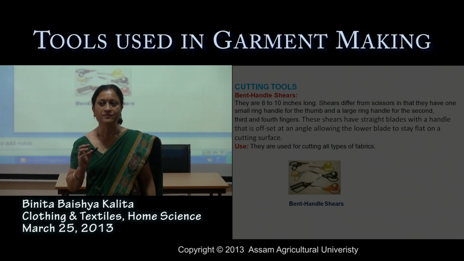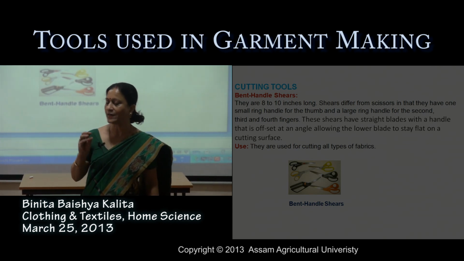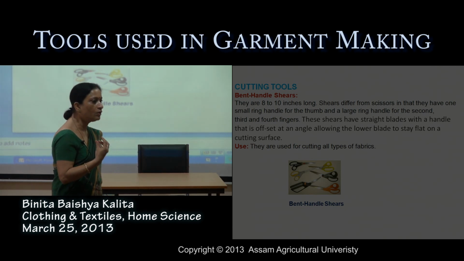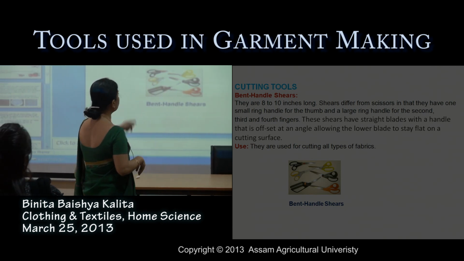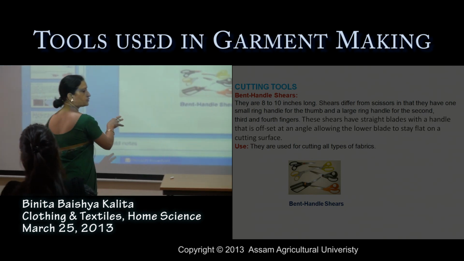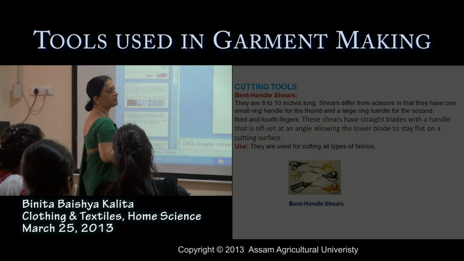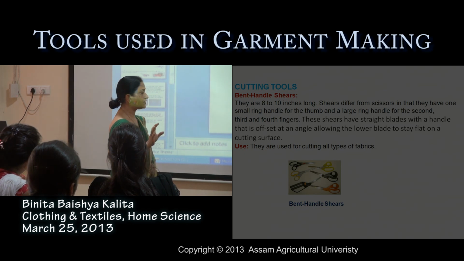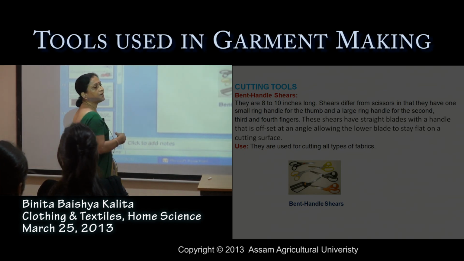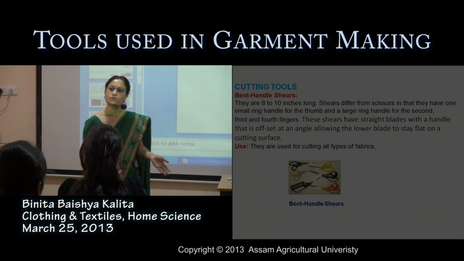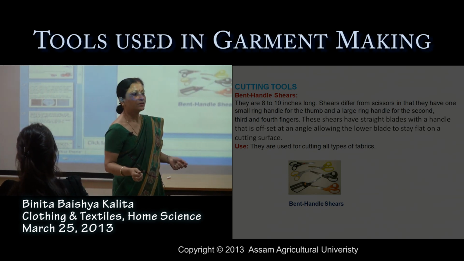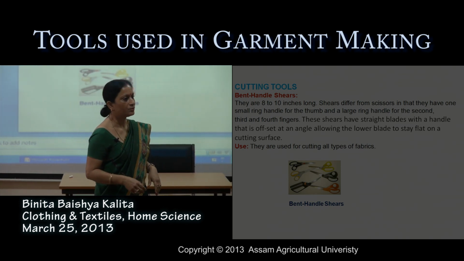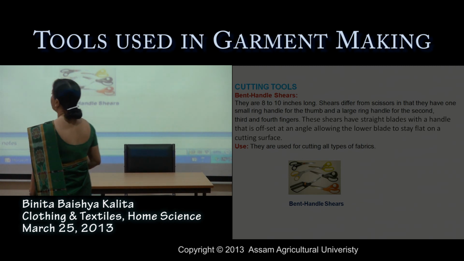One has a big hole and another one has a small hole. You have seen in this picture there are different types of shears, and these are used for cutting the fabric. After marking the pattern you have to use them to cut, and these shears are used for all types of fabric cutting.